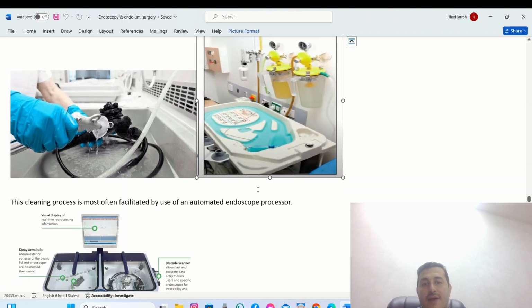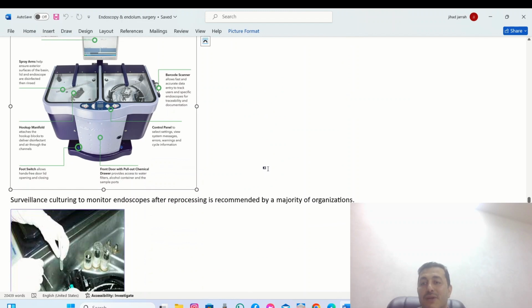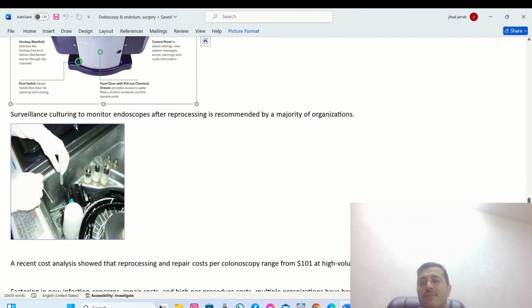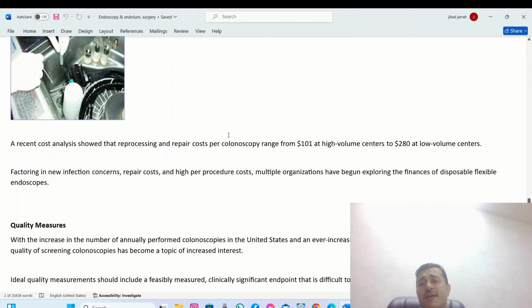This is an instrument for processing the colonoscope, and we can use an automated endoscopic process as in this picture, and it's recommended to do surveillance culturing. This is a culture probe, and he's taking a culture from the endoscope to document any organism or contamination.